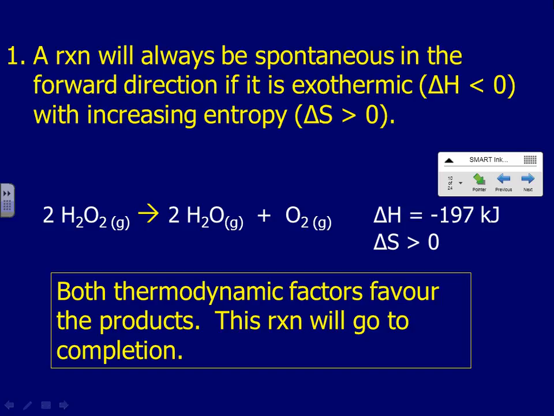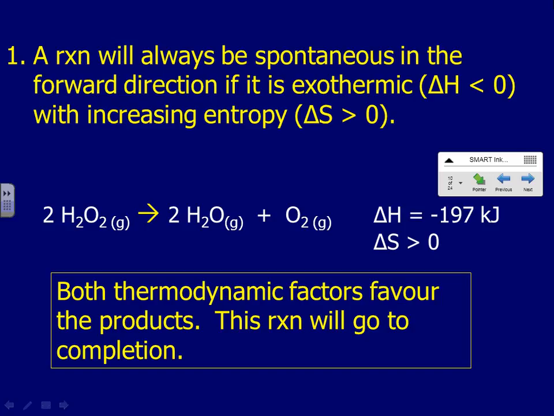So in this case, negative delta H and positive delta S. If the delta H is negative, that's spontaneous. And if the delta S is positive, that's spontaneous.